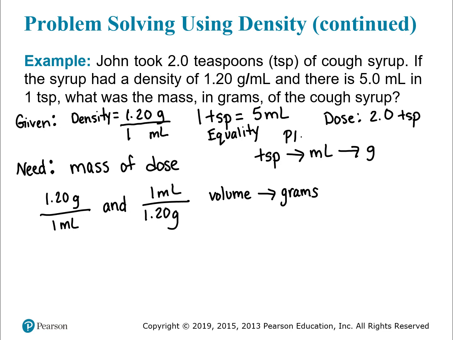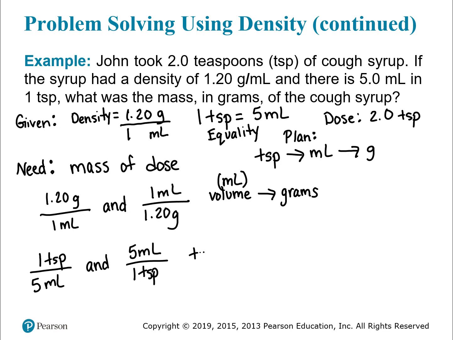So that's our plan. The other equality that we have is the 1 teaspoon equals 5 milliliters. So let's write our conversion factors. And this is the part where we're going to go from teaspoons to milliliters.